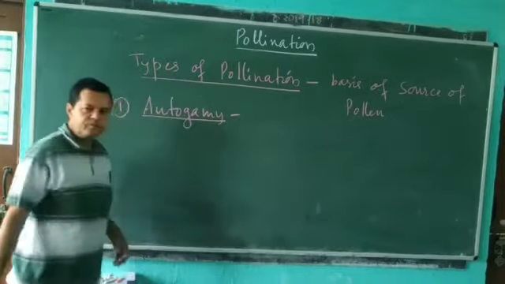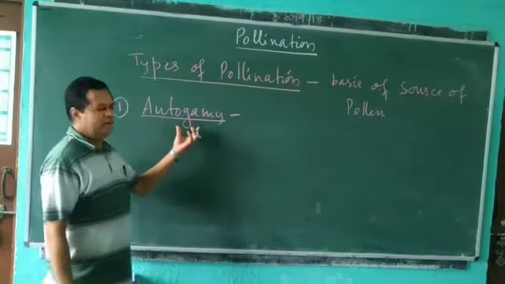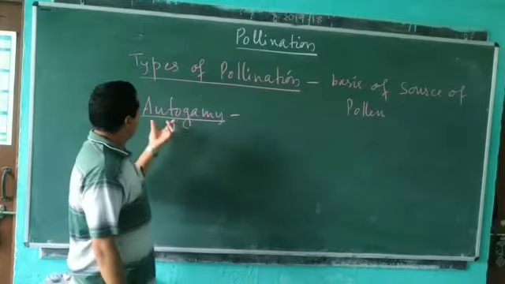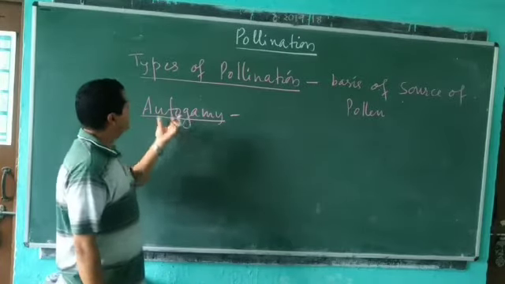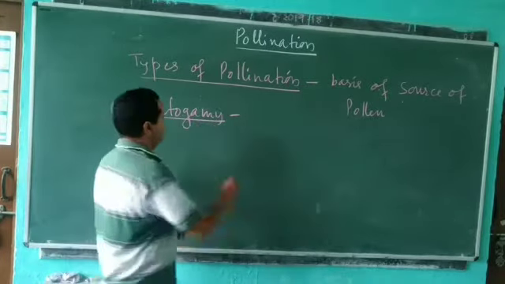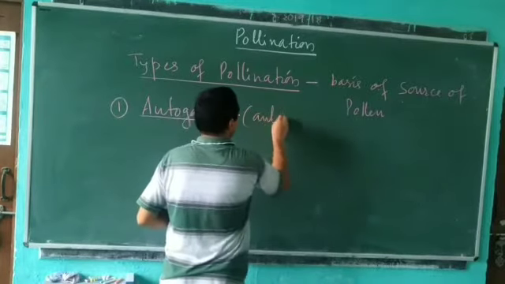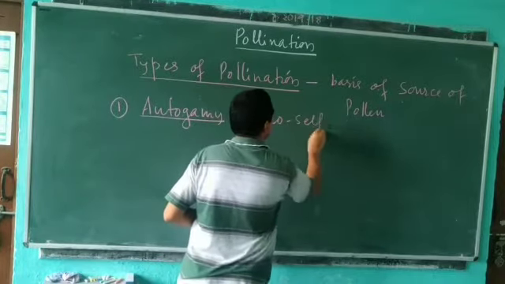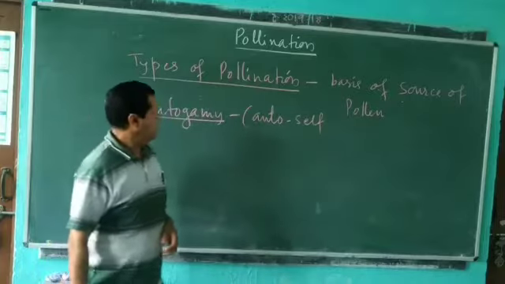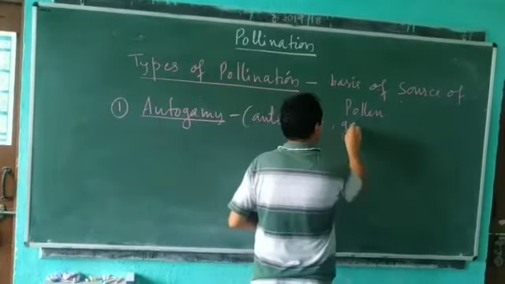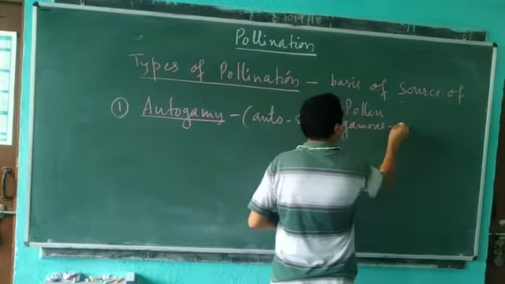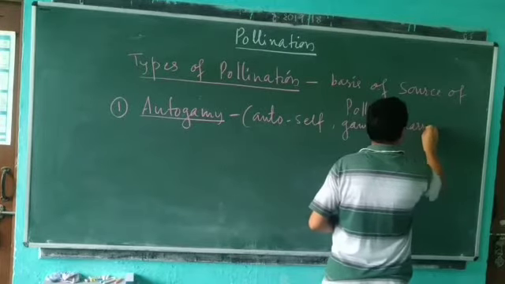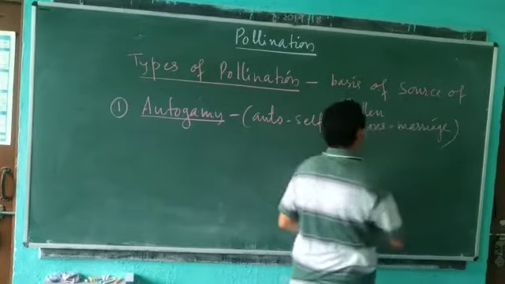Autogamy. Here we can see a combination of two words, autogamous. Auto means self. Gamous means marriage, self-marriage.